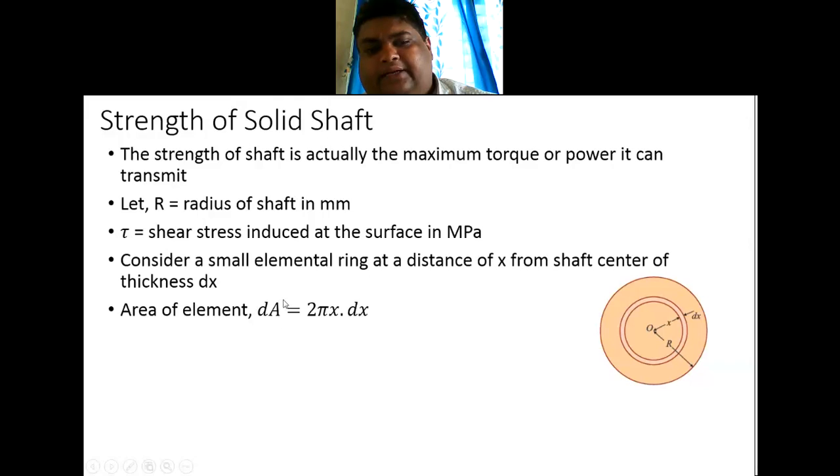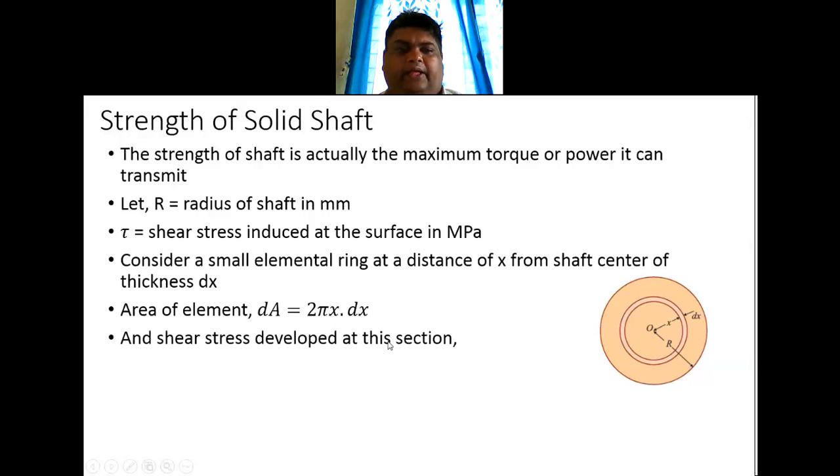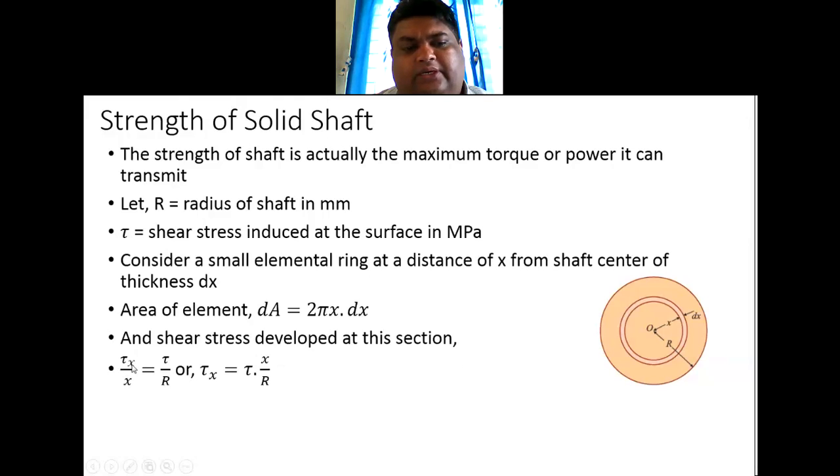So dA, that is the area of element, will be 2 pi x into dx. And the shear stress developed at this section, we have derived this equation in the previous section. Tau x by x is equal to c theta by L. So I'll be using here tau x by x is equal to tau by r, or tau x is equal to tau into x by r, right?